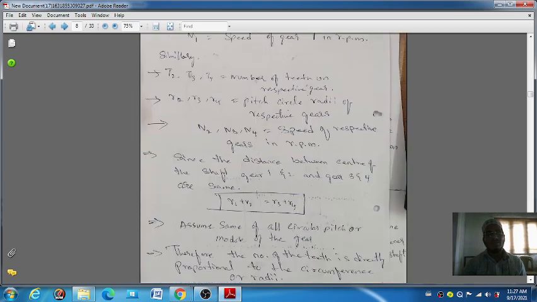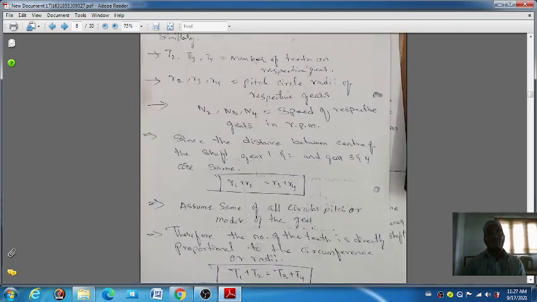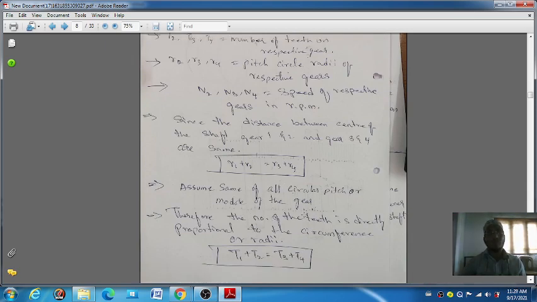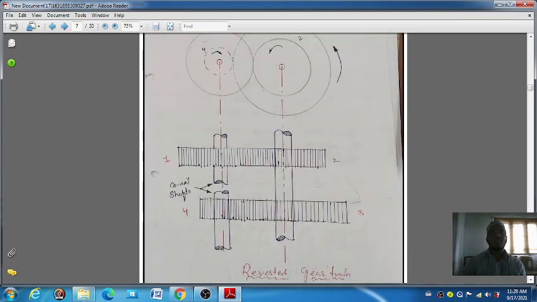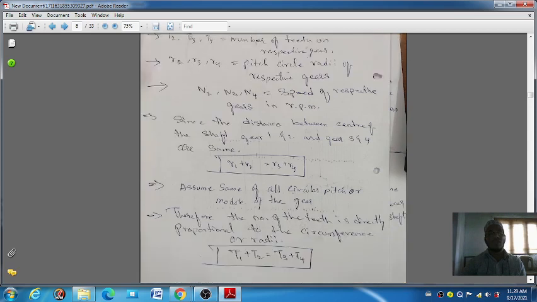That's why R1 plus R2 is equal to R3 plus R4. Assume the circular pitch or module of all these 4 gears is the same. If a figure like this is given in the question, you have to assume the circular pitch or module is the same for all gears.